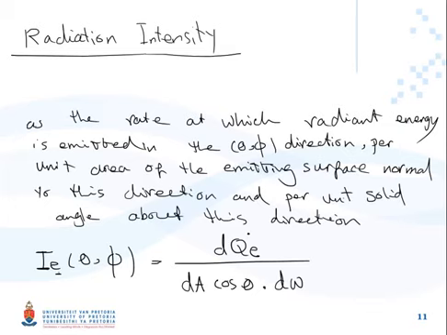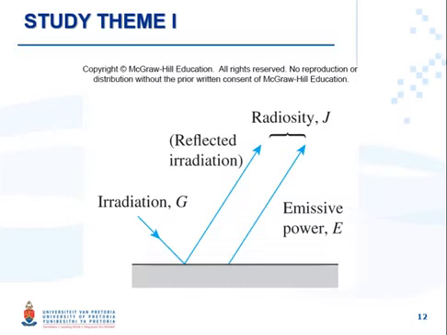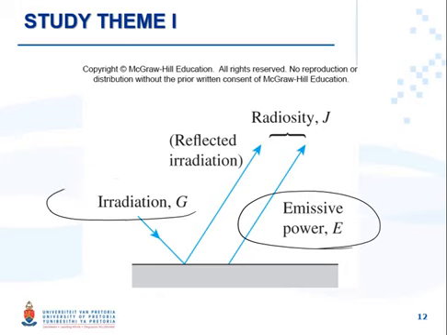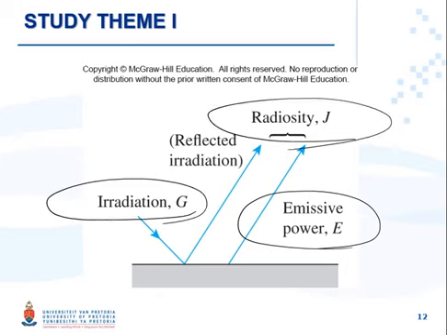Now we need to calculate it, but first, before how we are going to calculate it, I want to speak about three radiation fluxes of interest for us in this chapter or in this section. So we are interested in emissive power, irradiation, and radiosity.